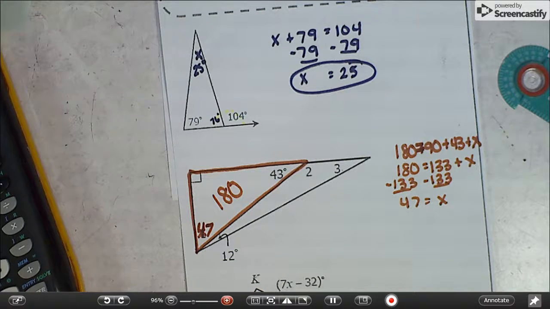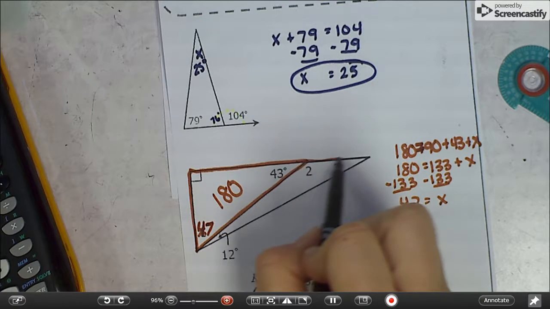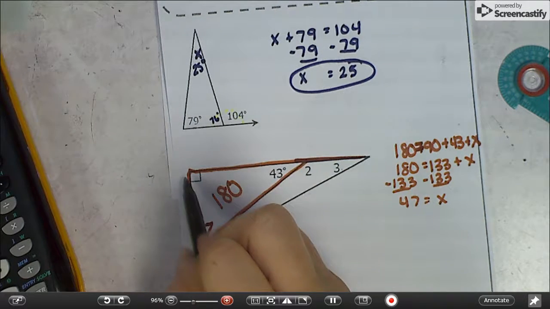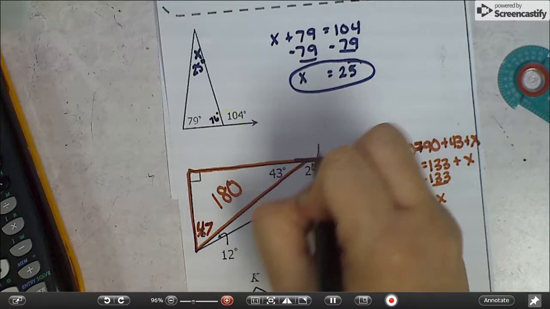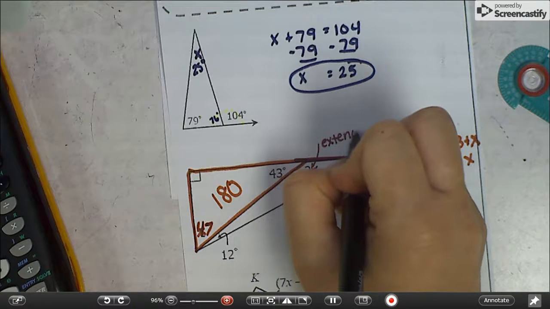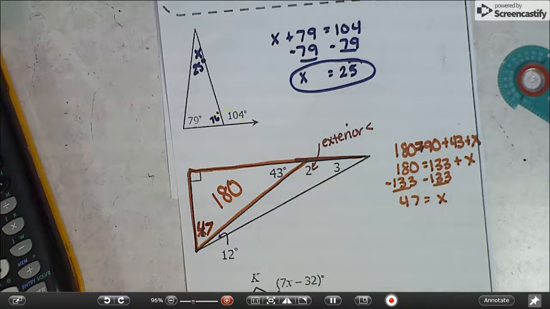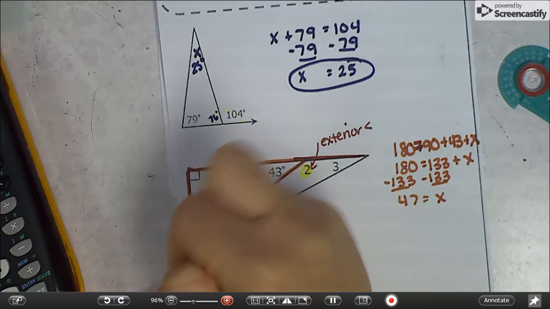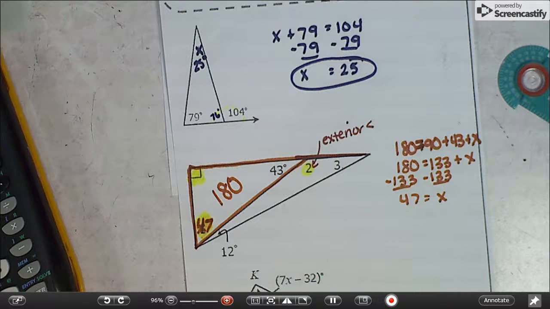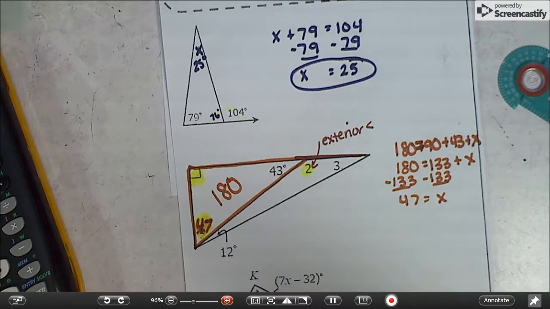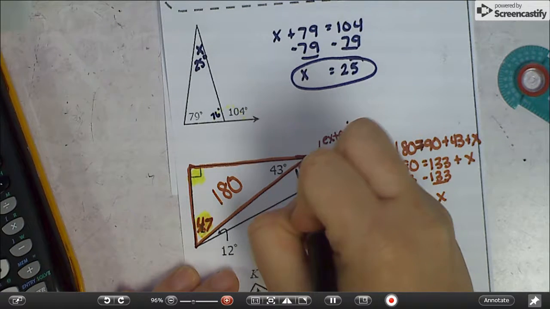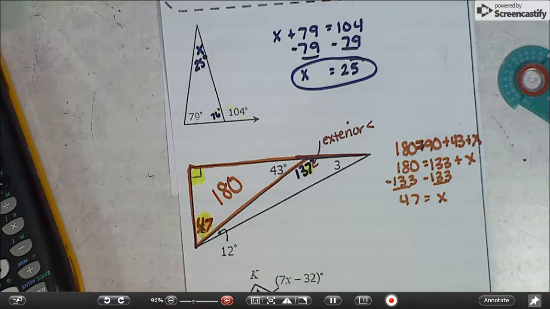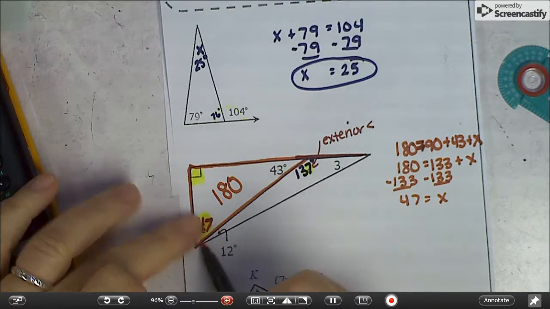To figure out angle 2, if you look at it, it's just an extension of this brown triangle. So this is an exterior angle. Exterior angles are equal to the sum of the remote interior angles. So if we add up 47 and 90, that would give us 137 degrees for angle 2. All right, and there's other ways we could do this, but I'm going to look at it like this now.